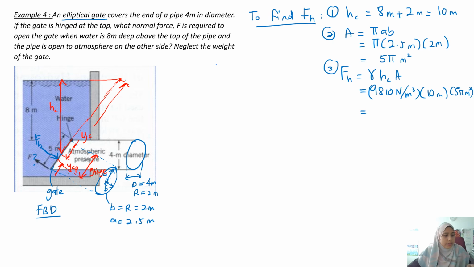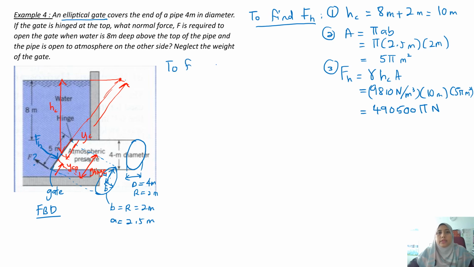So you should get 9810 times 10 times 5 is 490500 pi Newton. Okay, so force is in Newton. Then this step is done.